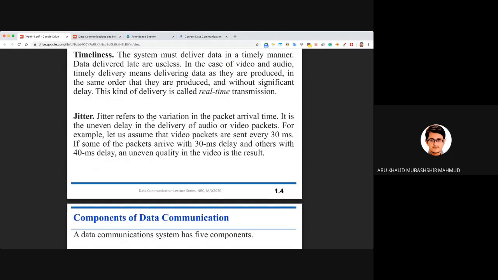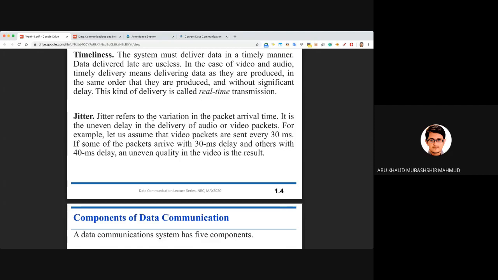timeliness. Now is the time of your class. Now, if you want to neglect your class, and let's say you went to play some mobile games, PUBG, it would not be a good choice for you.